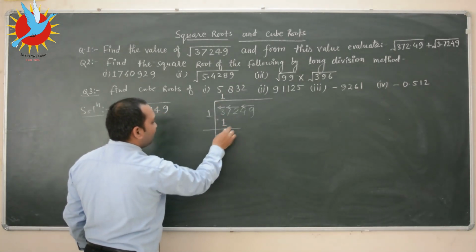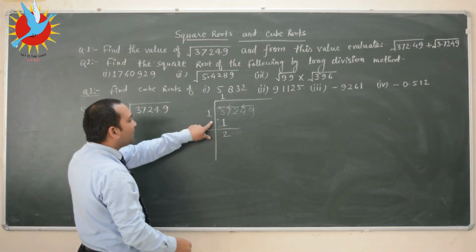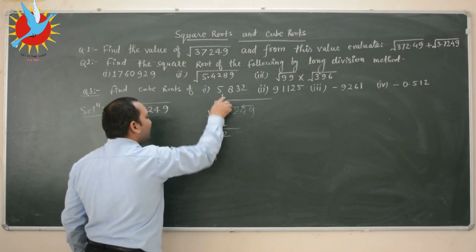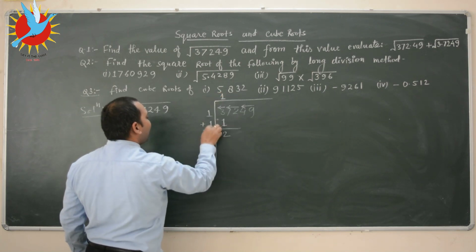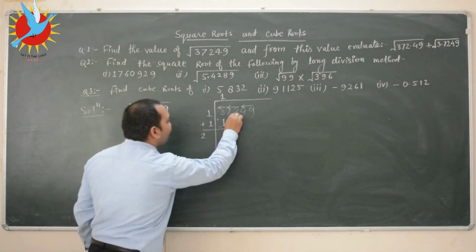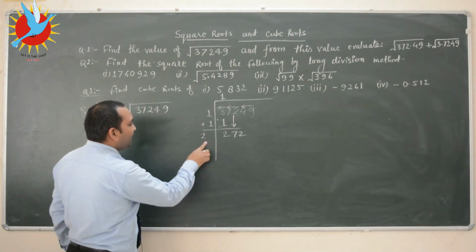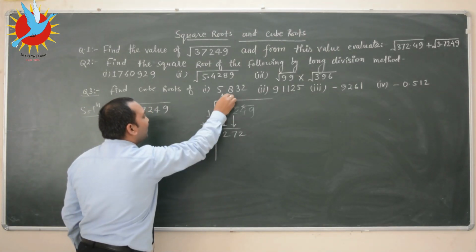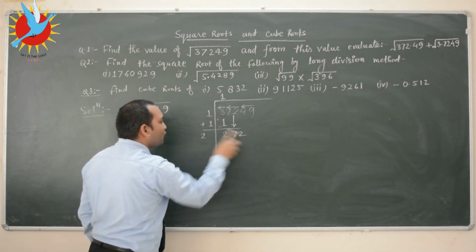So 3 minus 1 is 2, and here we add the same number, 1 plus 1 is equal to 2, and we bring down a pair of numbers, 72. Now we take another number after 2 which multiplied by the same number gives a result either 272 or less than 272.